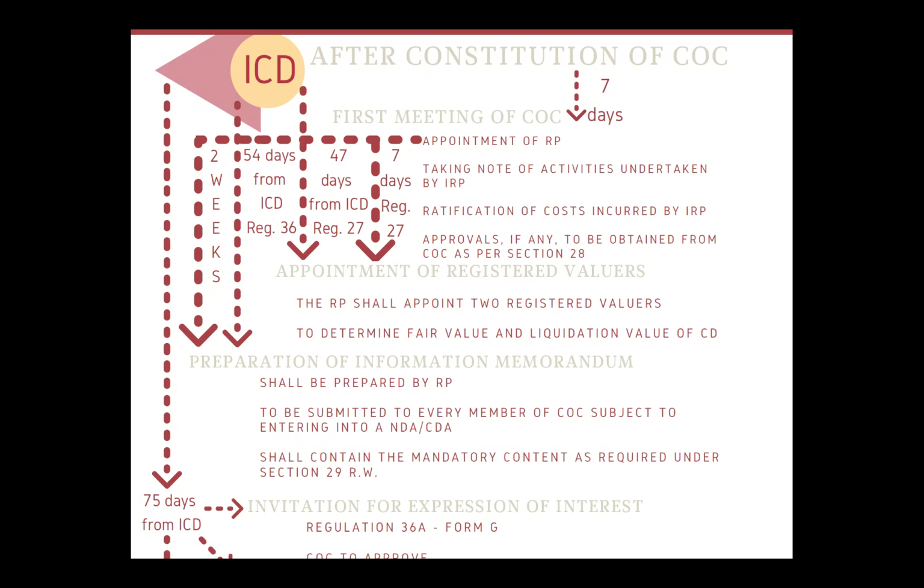As an RP, I shall make the information memorandum in such a way that it would attract the investors. It would help them understand the business of the corporate debtor, the status of its assets and liabilities, and the total claims. The information memorandum will help them understand that. For its preparation, the timelines are as we have discussed earlier.